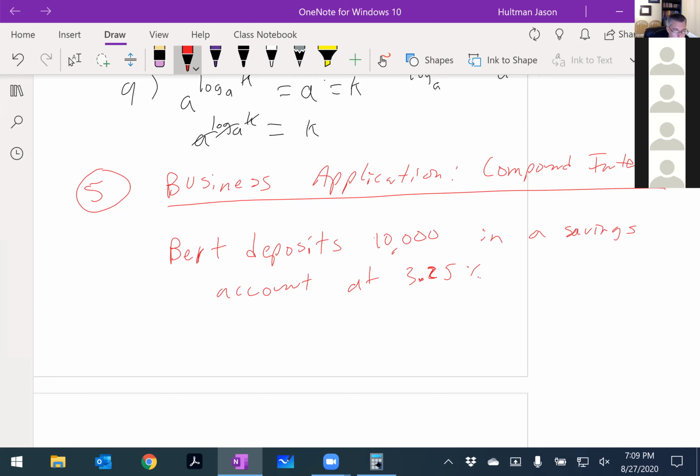After how long will Bert have a balance of $20,000?